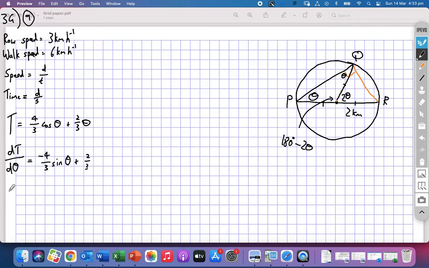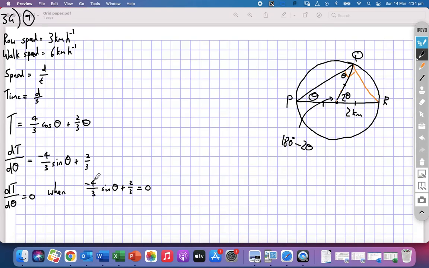So there's my derivative. If I want to find a maximum or a minimum, we're going to set it to equal 0. So the derivative equals 0 when this equation equals 0, and minus 4/3 sine theta plus 2/3 equals 0.